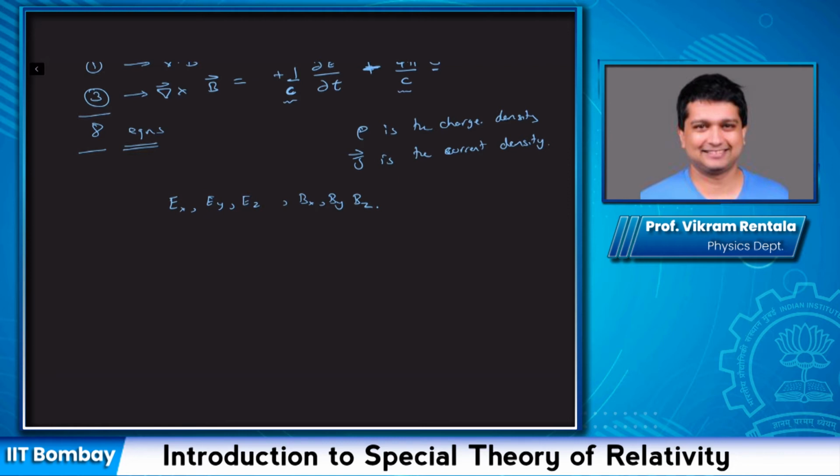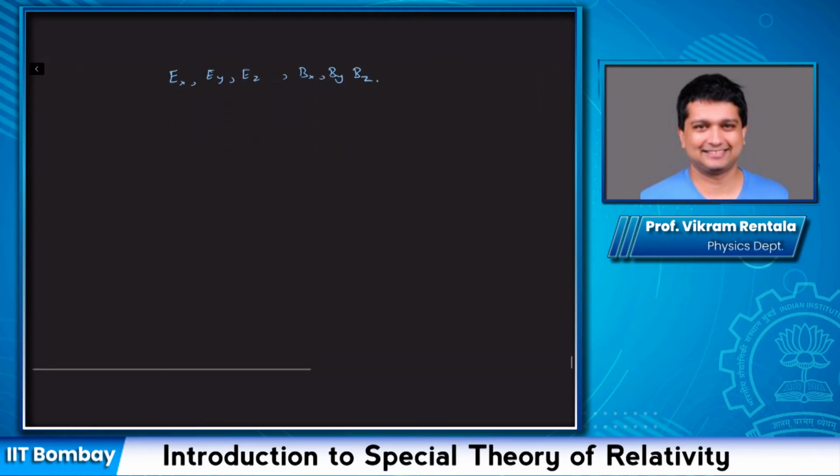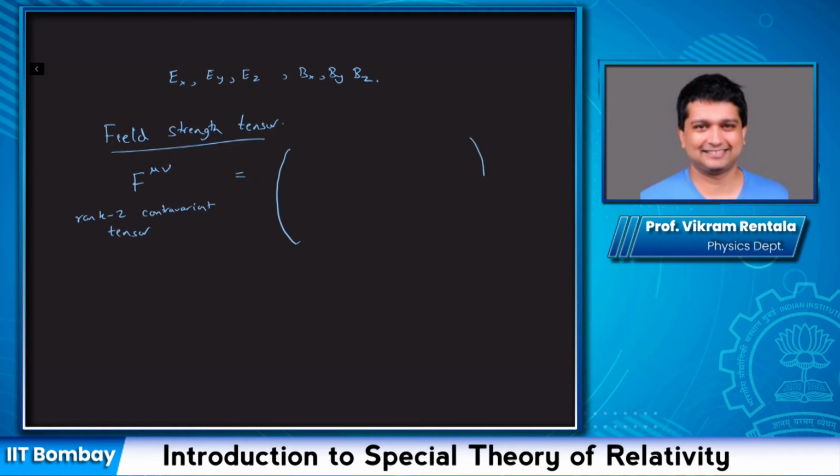Now, what you can do is define what is called a field strength tensor. If we define this field strength tensor, this is a rank 2 contravariant tensor. And if you'll recall, I told you that sometimes we just have to guess what transforms like a tensor.